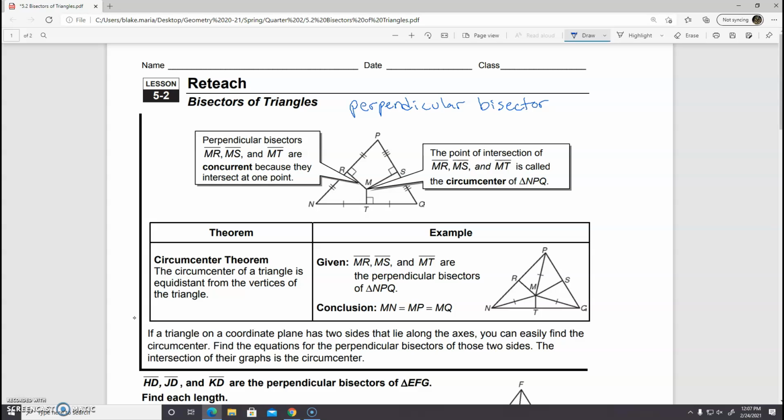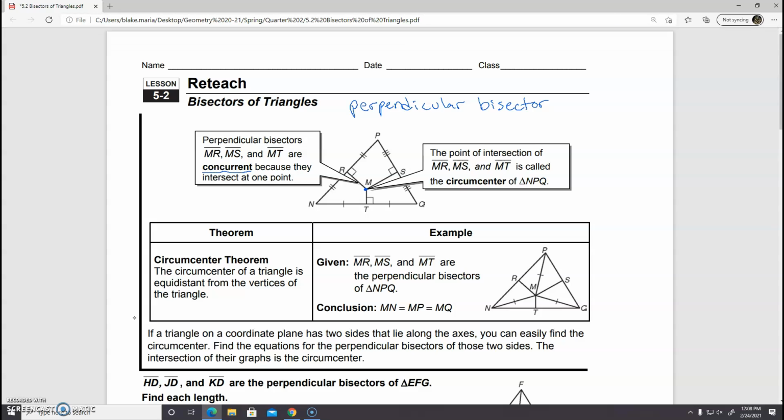So what's so special about perpendicular bisectors in triangles? Perpendicular bisectors, if they are drawn, will all cross at one point. They will all intersect at one point, in this case point M. And they call that being concurrent. So concurrent means that they all cross at the same point.